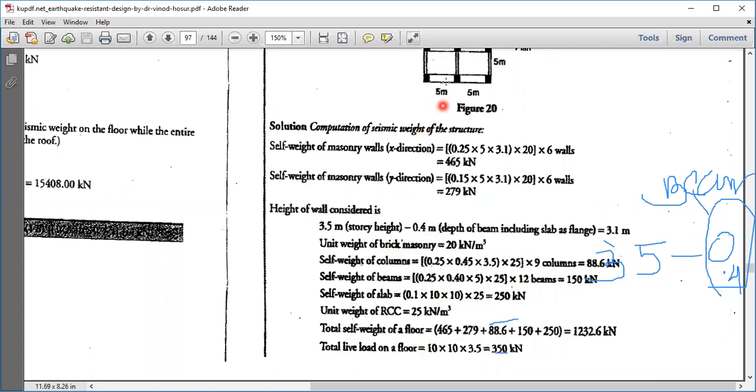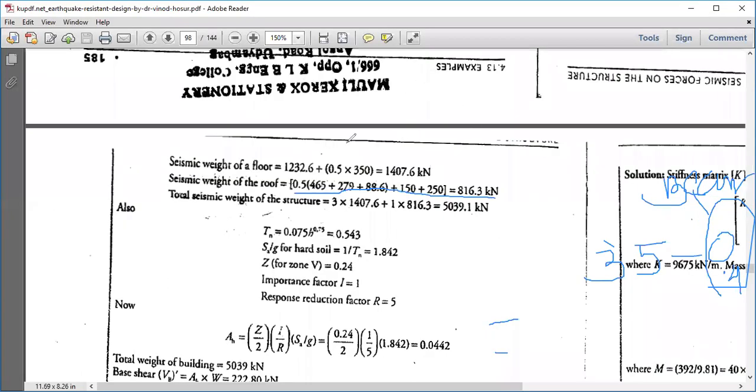Now if you still have doubt with this, 465, 279 and 88.6. You know these are coming from your walls and columns, as we have seen in the previous calculation. 50% of 465, 279 and 88. Sorry, I hadn't shared the slide.